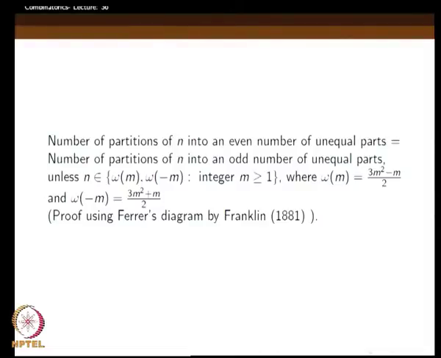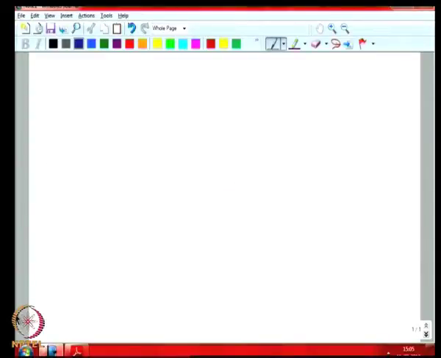Among that kind of partitions we have two groups. One is where the number of parts is odd, the other is where the number of parts is even. So, we used these two letters E and O to represent these two sets.